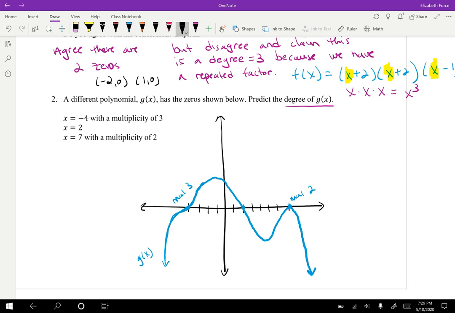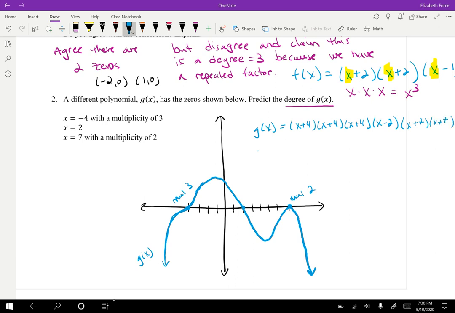So because it's a multiplicity of 3, I'll write the function out for you guys. So g of x, you've got this factor 3 times. You've got this factor, x minus 2, once, and then you've got this factor, x plus 7 twice.